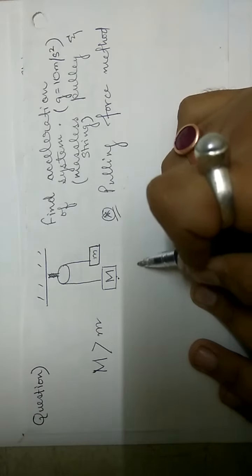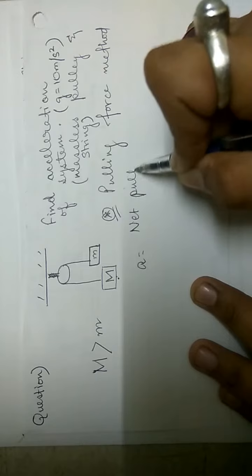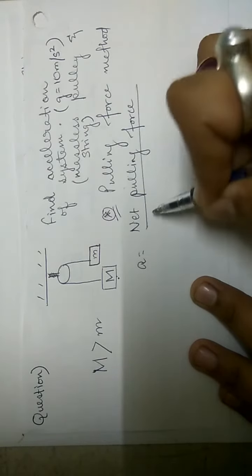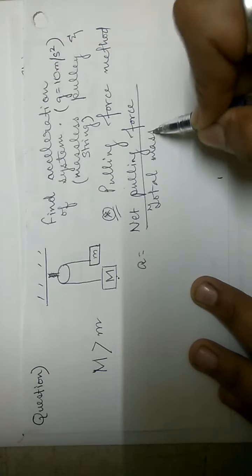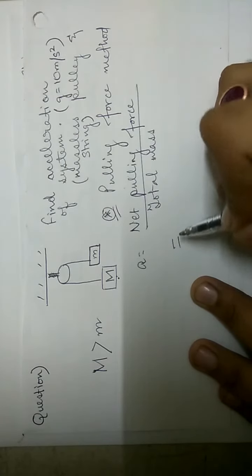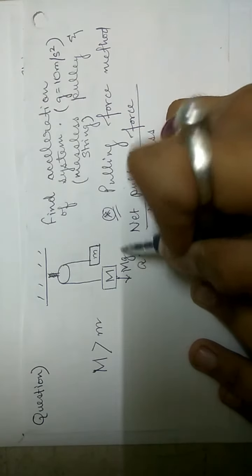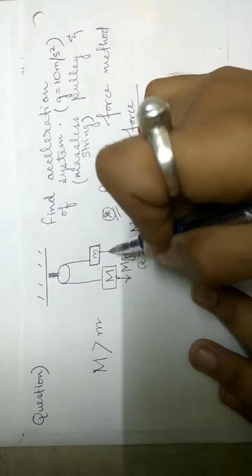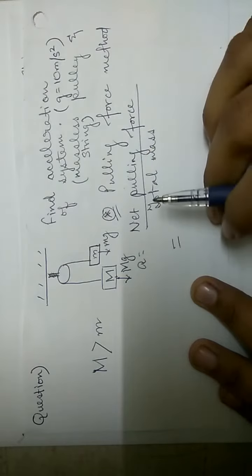Now, using the pulling force method, we have acceleration as net pulling force by total mass. So what is the net pulling force here? Well, we have capital Mg for the heavier block downwards, and we have small mg for the lighter block downwards.